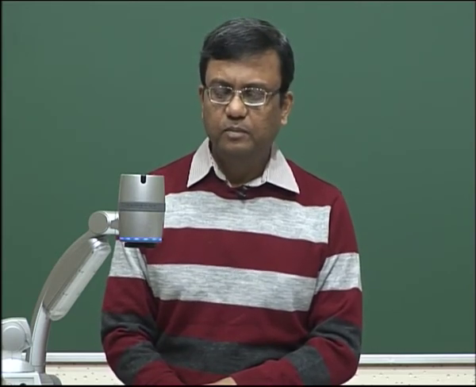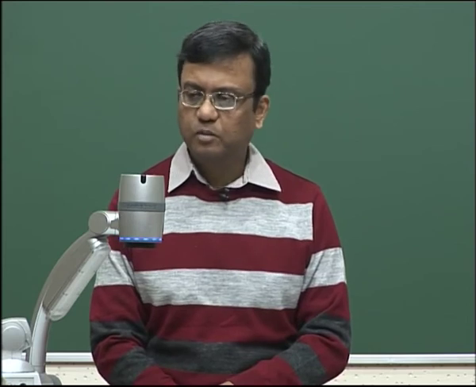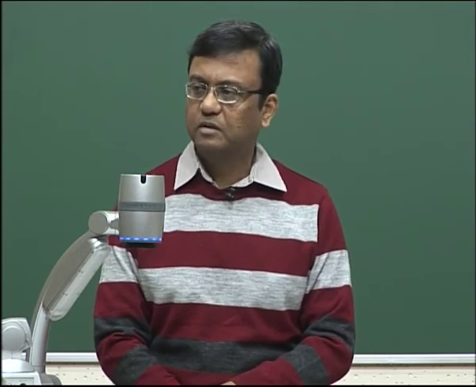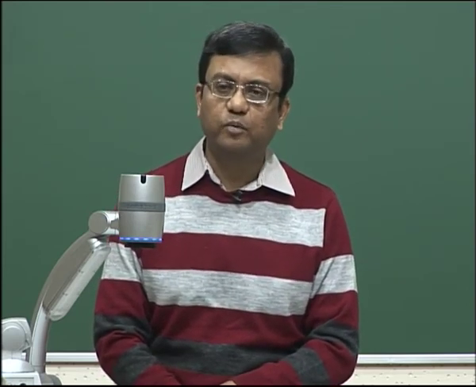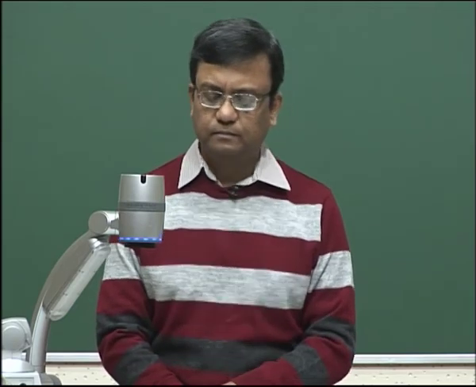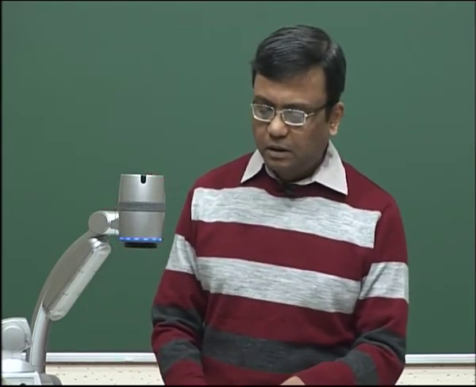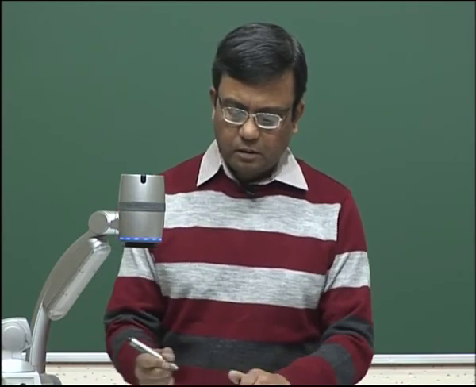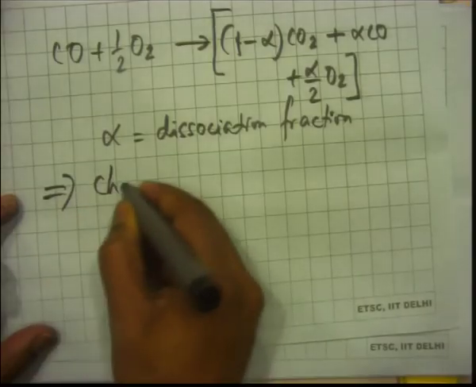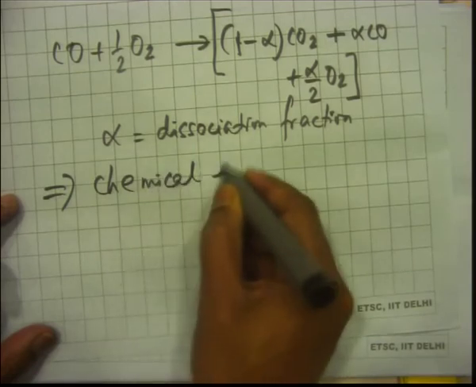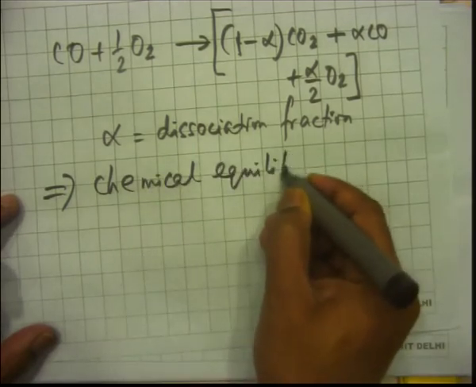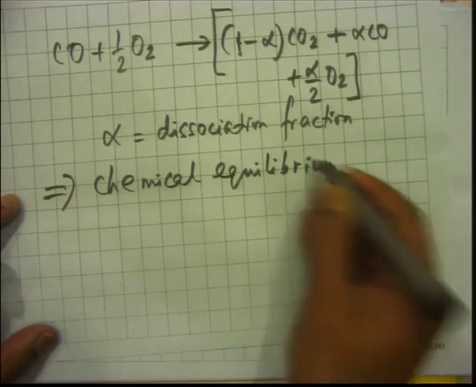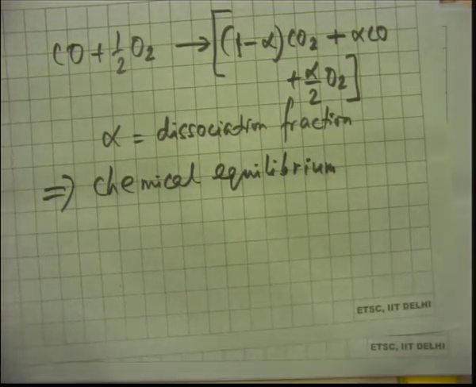So, chemical equilibrium means that it will reach a certain product composition which will become static and which will not change if you have waited long enough. So, we are saying that chemical equilibrium will happen. Seems logical because we are giving it time, we are not disturbing it, it is insulated.